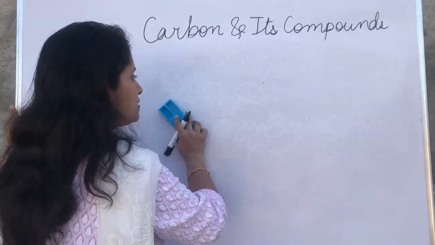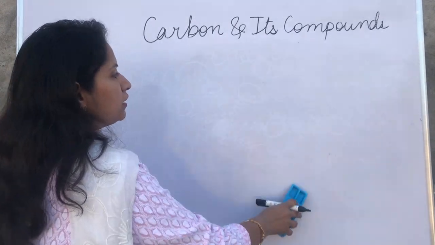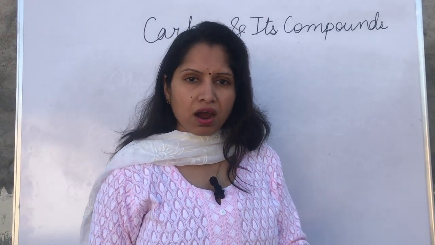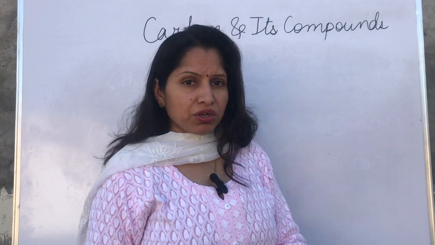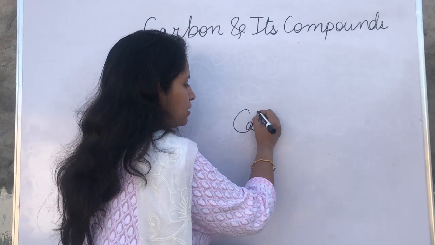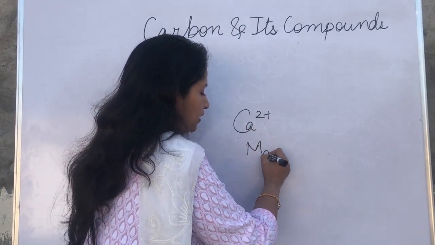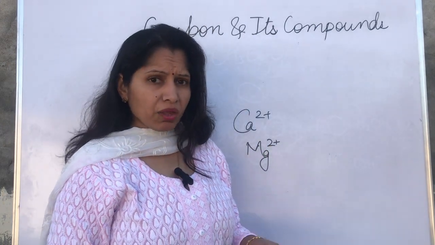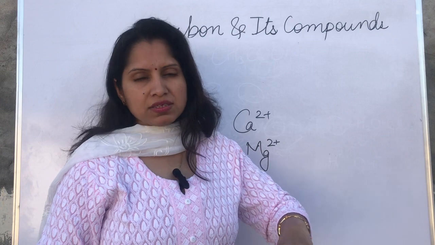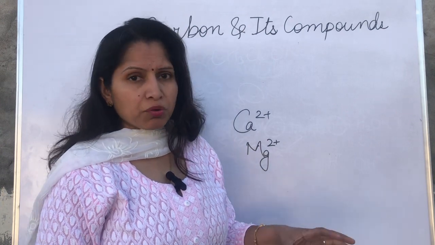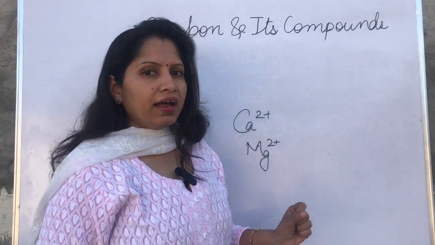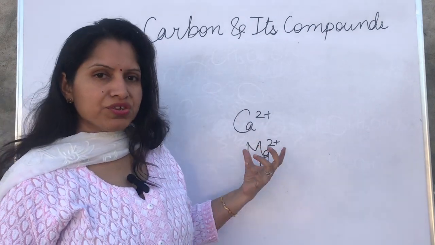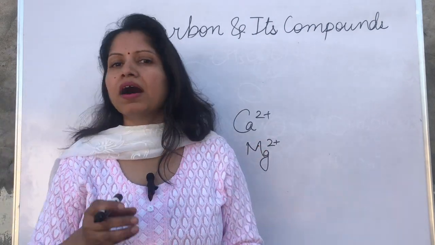The last topic is about detergent. These soaps can work well only in soft water, but if the water is hard, meaning the water is having some minerals like calcium ions or magnesium salts, then soap is not able to work well in that, because sodium or potassium ions are there in soap molecules, and they are not able to work well in the presence of calcium and magnesium ions.